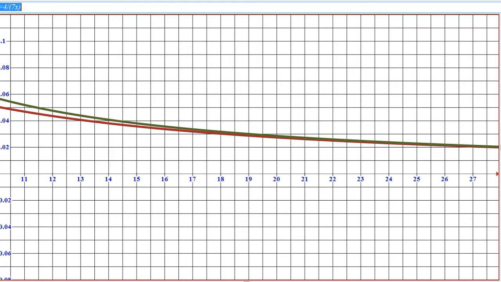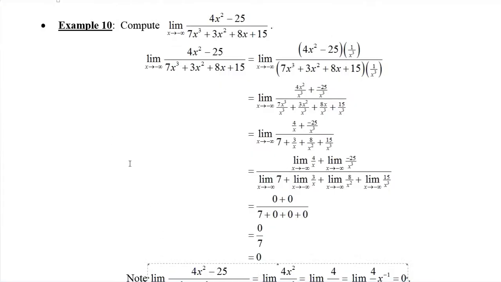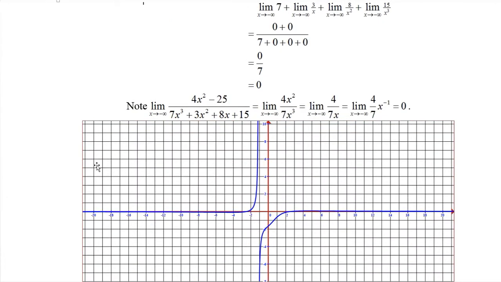But notice that both of them, as you go further and further right, are getting closer and closer to the x-axis. So, the limit on both sides, the main thing we were pointing out at the moment, is that the limit as you go to -infinity or infinity is 0. In fact, this will always happen when the degree of the denominator is larger than the degree of the numerator.